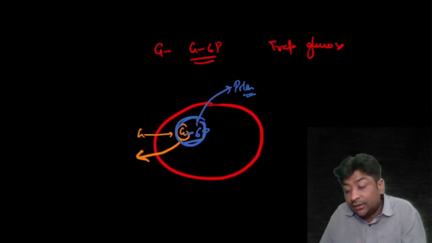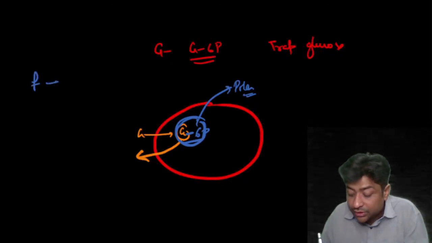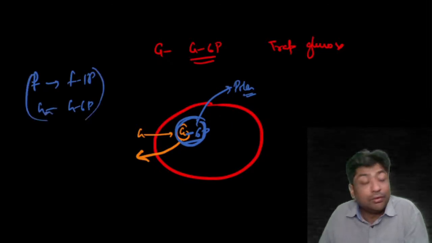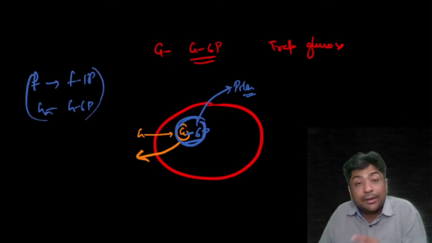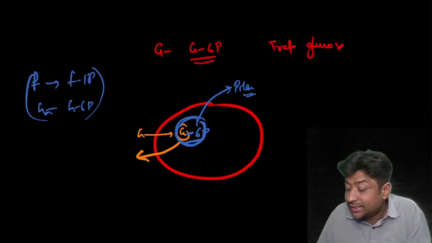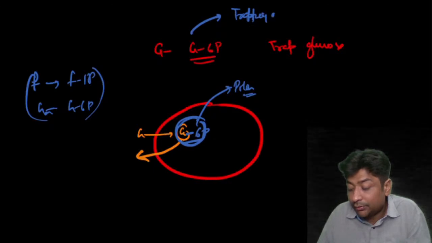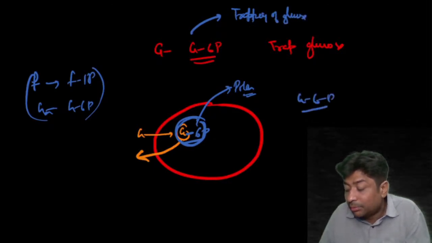In fact, with all the energy rich molecules, fructose is converted into fructose 1-phosphate, galactose is converted into galactose 6-phosphate. So for any energy rich molecule, phosphate will be added so that it gets trapped. And that is why this step is called trapping of glucose. Now what can happen to this glucose 6-phosphate? It can go into multiple pathways.